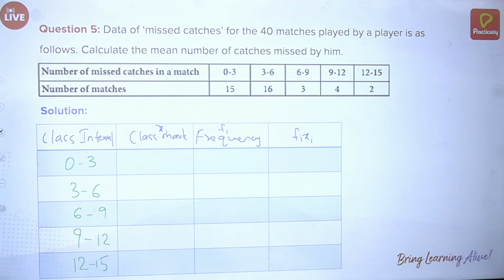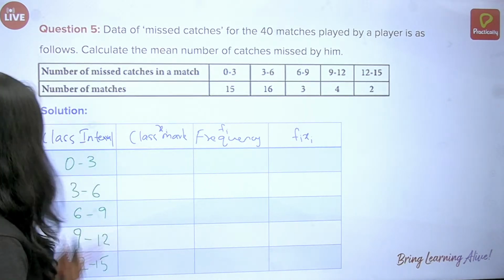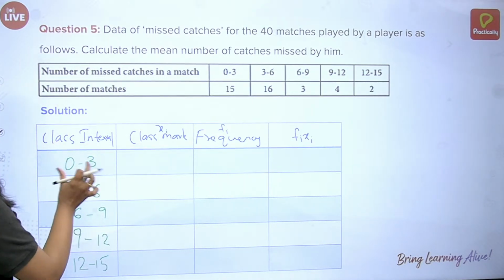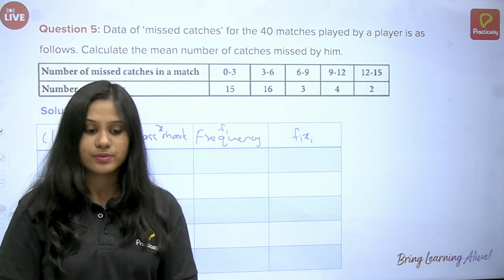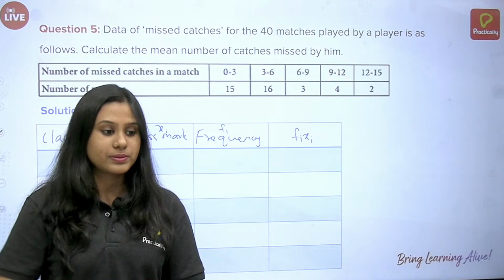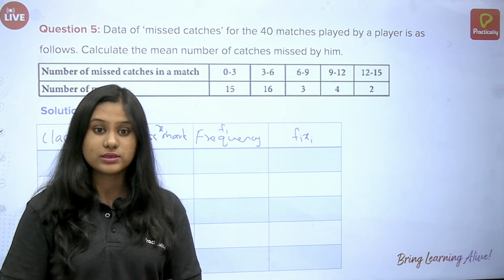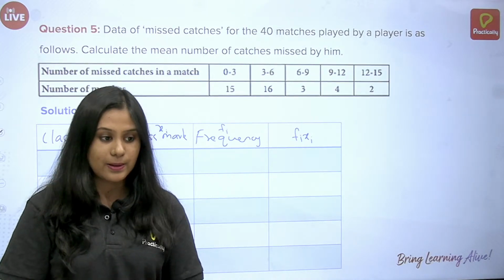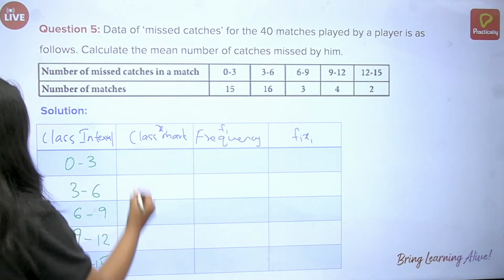Alright. Now, tell me the class marks very quick, okay? What is the class mark of class interval 0 to 3? Very easy if you know how to find the class mark. Very good, Sairam, 1.5.